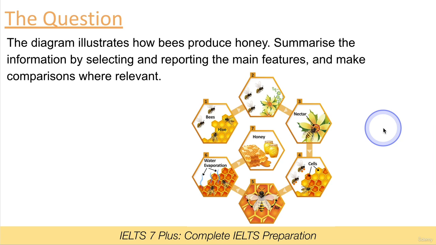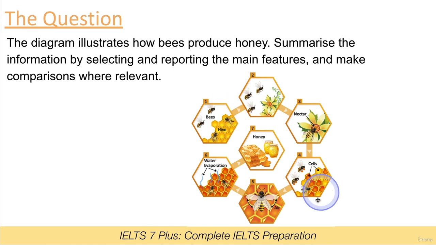Now, questions to ask yourself when you have a diagram or a process in this case. For our overview, this is handy to ask some questions. For example, is this man-made or is this natural? Well, in this case, it's natural. How many stages are there? There's 7. What is being produced? Honey. Where does it start and where does it end?